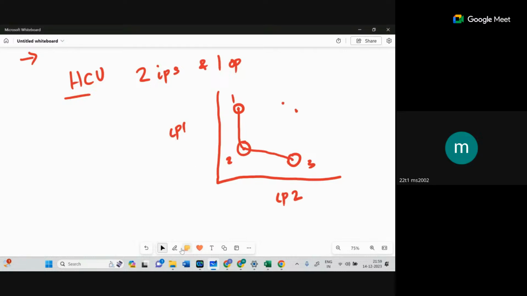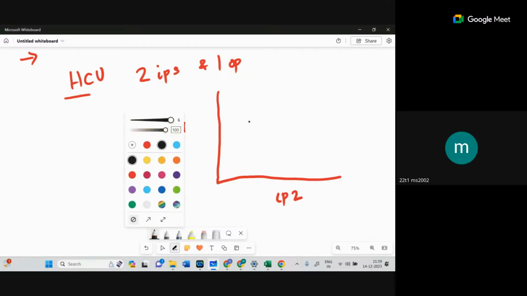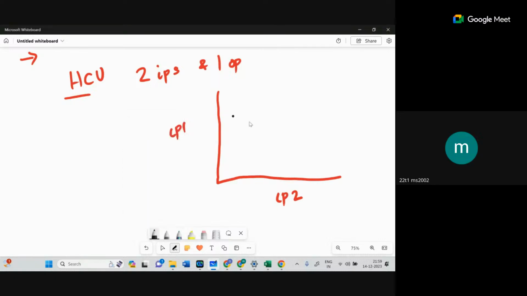Just hold on and take a rubber. Let me redraw this, one second. This is 1, 2, 4, 3, 5.